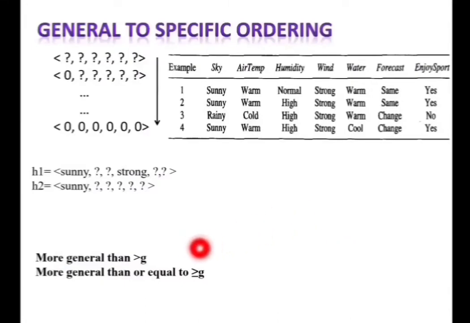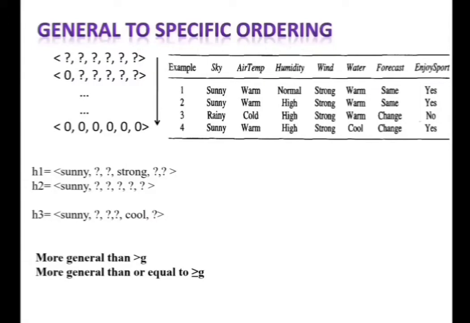The relation more general than or equal to defines a partial order over the hypothesis space H. Consider another hypothesis H3 as this: sunny, question mark, cool and question mark. Here H3 also imposes two constraints as that of H1. Observe that neither H1 nor H3 is more general than the other.